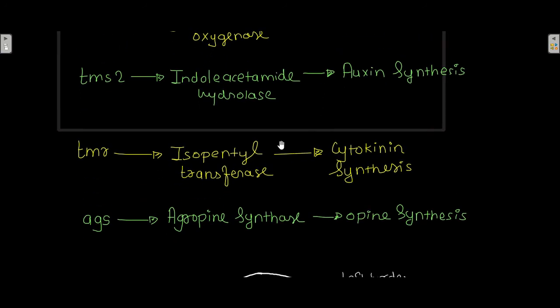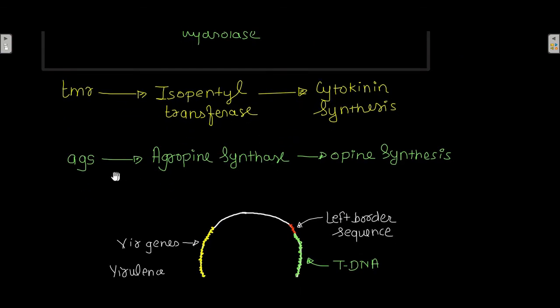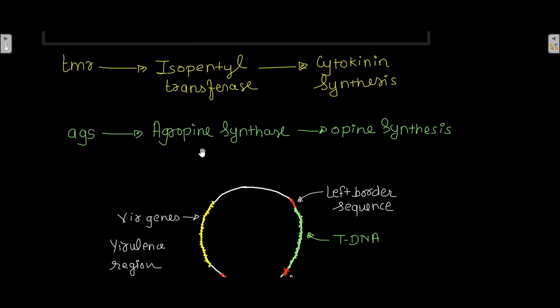Then there is TMR, which results in the formation of the enzyme isopentyl transferase, and this enzyme results in the formation of cytokinin. And then there is AGS, which results in the formation of the enzyme agropine synthase, which is also responsible for opine synthesis.